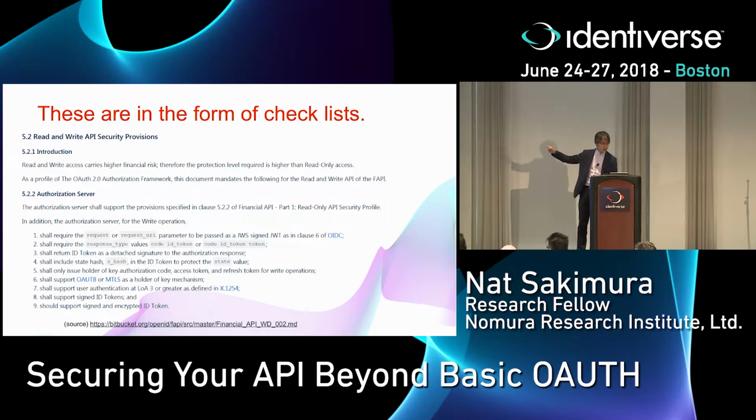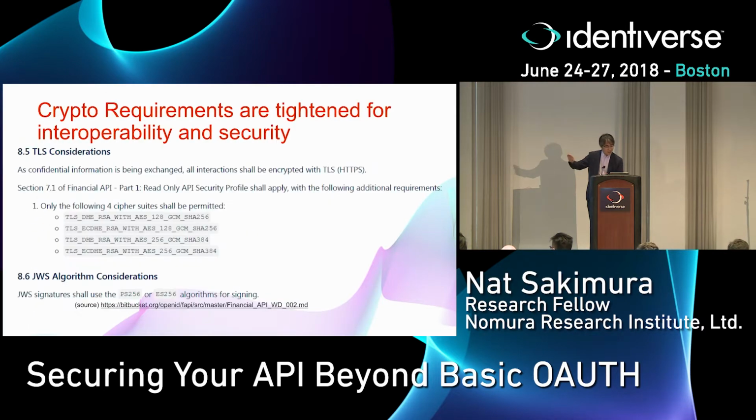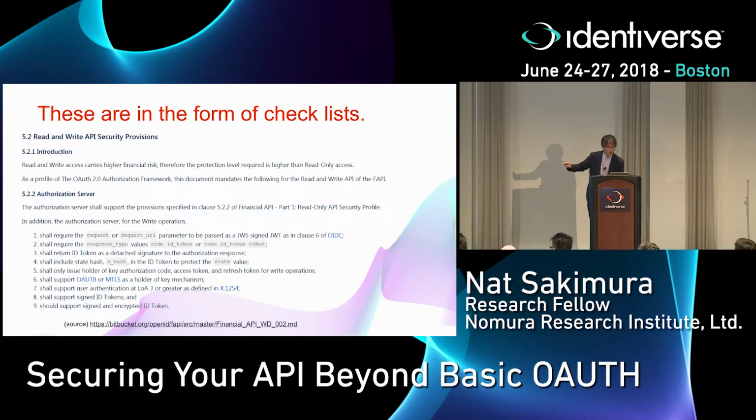And when you look at it, down there, it says 5.2.2, the authorization server shall support the provisions specified in clause 5.2.2 of Financial Grade API Part 1, read-only API security profile. In addition, the authorization server for the write operation shall require blah, blah, blah. So all the requirements are actually numbered, and it's easy to build the conformance against it. So that's the kind of important thing that we are trying to do.